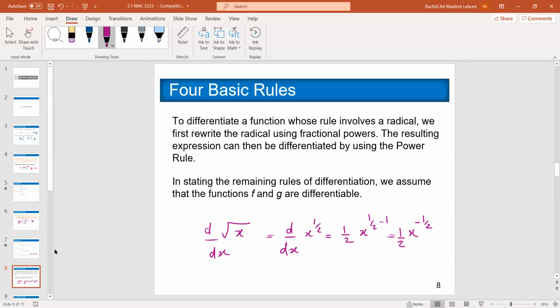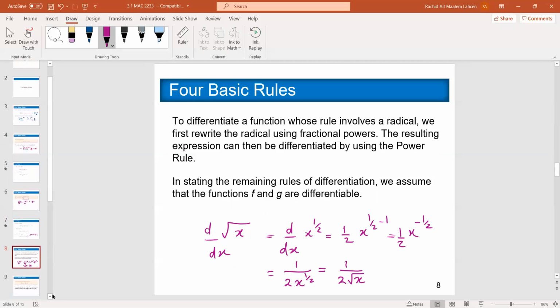And you can leave it that way, or it becomes 1 over 2 square root of x. So these are different forms of it, right? The resulting expression can then be differentiated using the power rule.